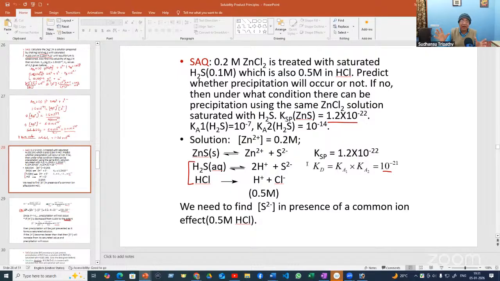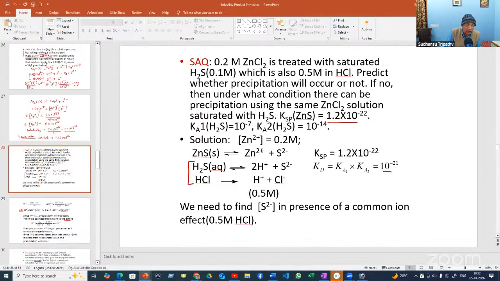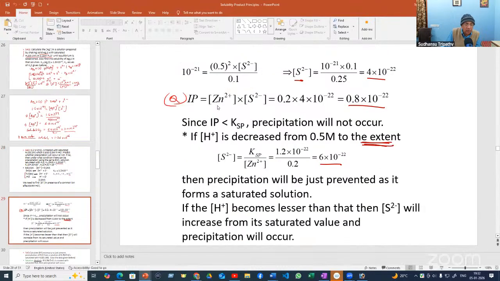That is the K value for the net equation H2S giving 2H plus and S2 minus, because we are not interested in the intermediate HS minus. So here, since we are using common ion effect, 0.5 is predominantly higher value. So whatever little H plus ion coming from H2S dissociation is neglected. Should have been 0.5 plus x, but that x has been neglected.